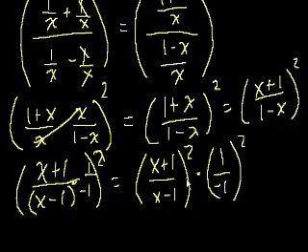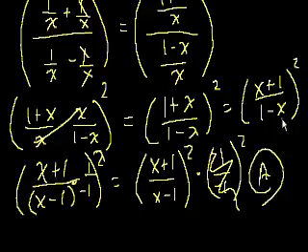And if I'm squaring another number, this just becomes 1. So I'm left with x plus 1 over x minus 1 squared. And that's exactly what we started off with, and that's choice A. And that's the trick, to realize that this is just a negative of x minus 1. You could take a negative 1 out, but we're going to square it anyway, so it's going to turn it back positive. Next question.